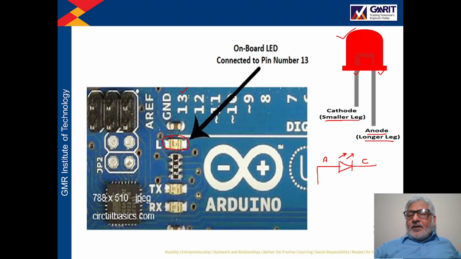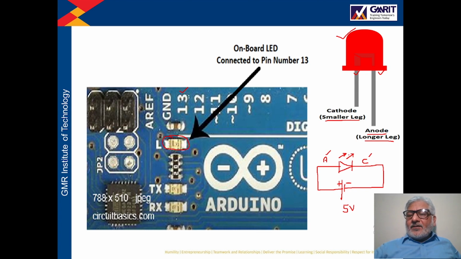So if we connect this LED in such a way that anode is connected to positive terminal of the battery. Suppose this is a battery of, let us assume, 5 volt. And this anode terminal of the LED is connected to positive terminal of the 5 volt, and this side we have negative terminal of the 5 volt, and this negative terminal is connected to the cathode.